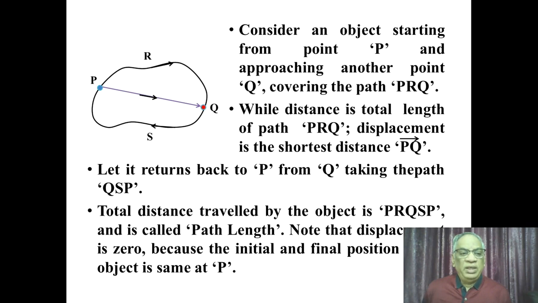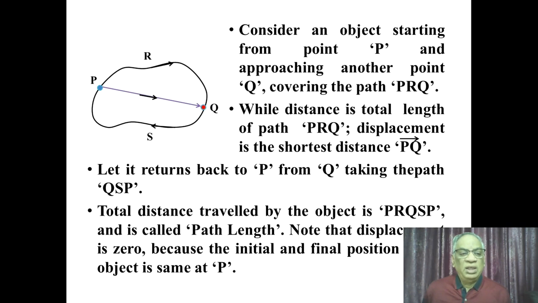Consider a point P is trying to reach point Q in some time interval. So it is taking the path PRQ, the upper portion of the figure. PRQ is the path it has taken from point P to point Q. So the distance is the total length of the path PRQ.